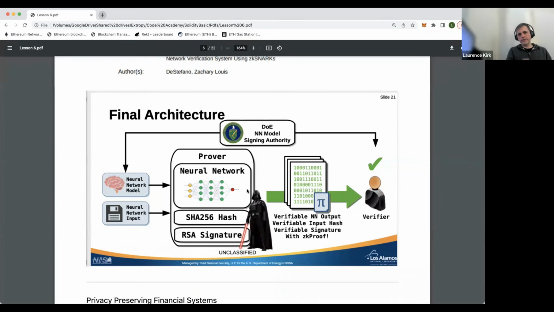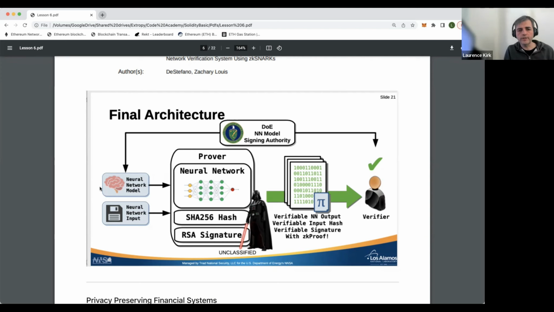And the way they use zero knowledge proofs with this is they want to prove that the neural network computation has been done correctly. They can create a zero knowledge proof that it has been done correctly, but without necessarily giving details away of the inputs to that.